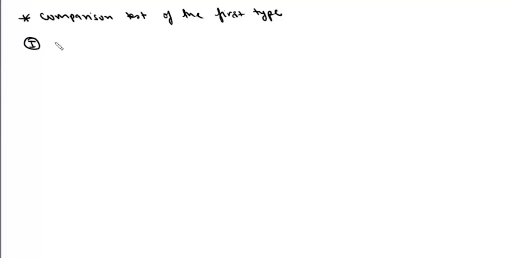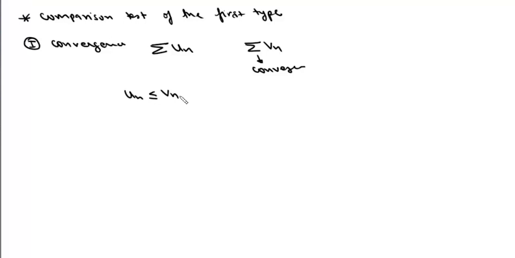So if we have to test for convergence of this series, summation un, then we'll take another converging series Vn such that each corresponding term of un is less than or equal to Vn for all n greater than or equal to some number m.